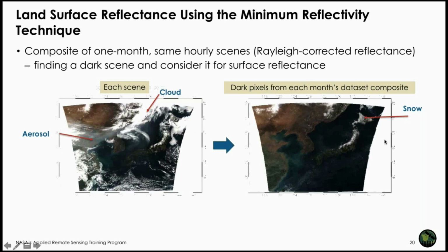Then we can find some dark scenes and consider them as surface reflectance, like the white figures. We can see most aerosols and clouds are masked, and we get the real surface signal from the composite database, but we also see some remaining bright pixels like snow here.